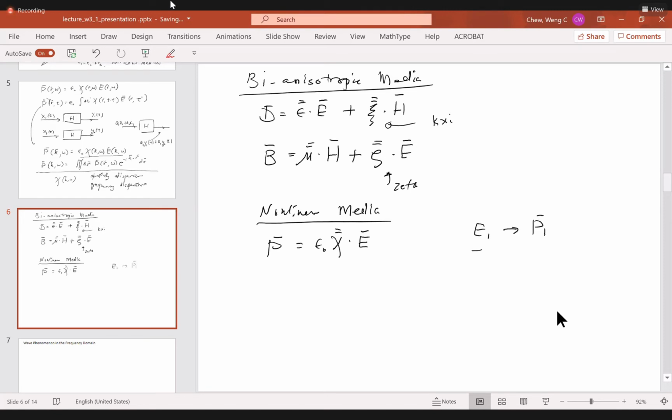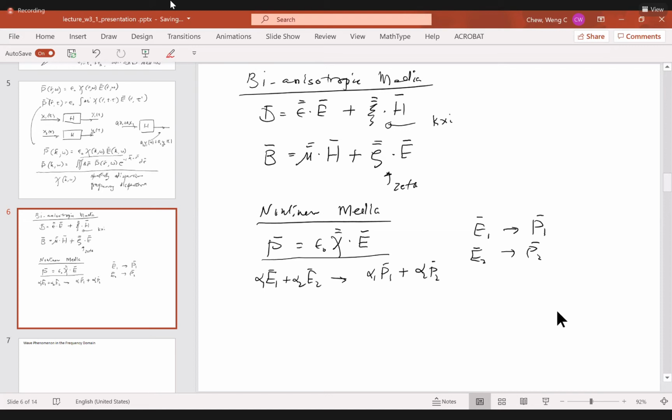If I input E2, I get P2 as my output. And then I can test the case that if I put the linear superposition of alpha 1 E1 plus alpha 2 E2, then you can show that the output is alpha 1 P1 plus alpha 2 P2. So this is a test of linearity. You can plug this into this equation and show that this is true. And hence this describes a linear medium.